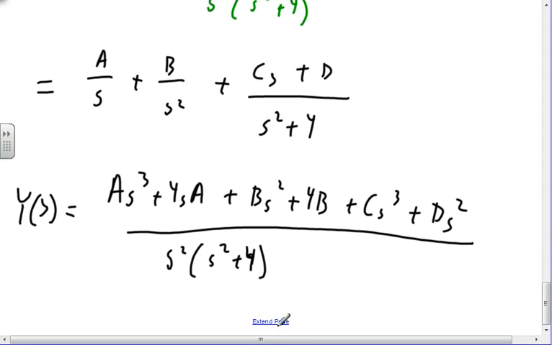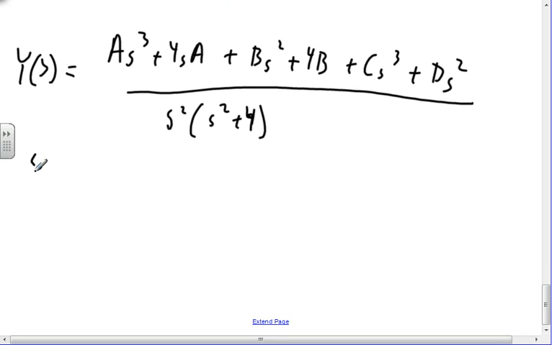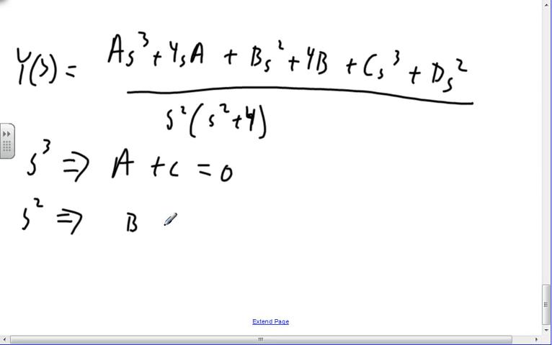Okay. I'm going to look at the s cubed term and see that A plus C is 0. I'm going to look at the s squared term, and I'm going to find that B plus D is minus 1. I'm going to look at the s term, and I'm going to see that 4A is equal to 0.